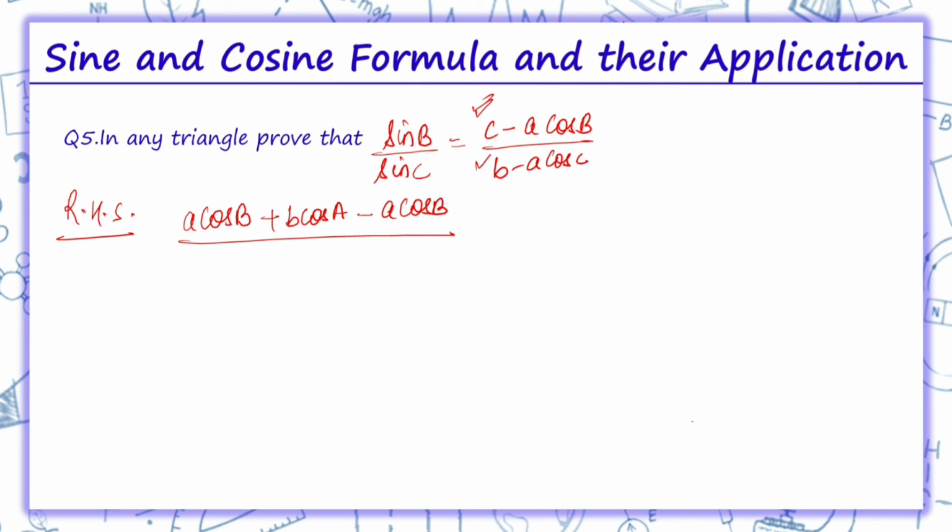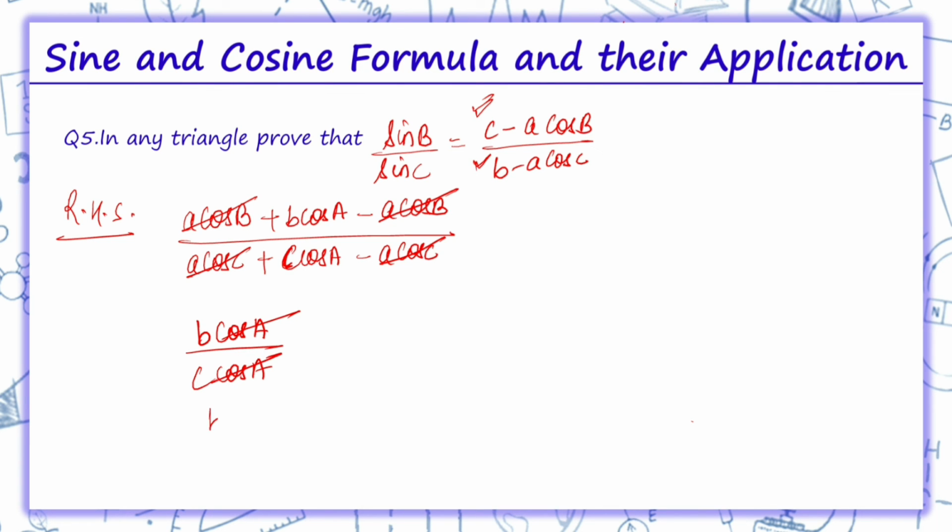Now we'll substitute the value of B. B is written as A cos C plus C cos A minus A cos C. Now this and this get cancelled out. Similarly over here this gets cancelled out. So we are left with B cos A upon C cos A. Cos A cancels out. So we are left with B by C.